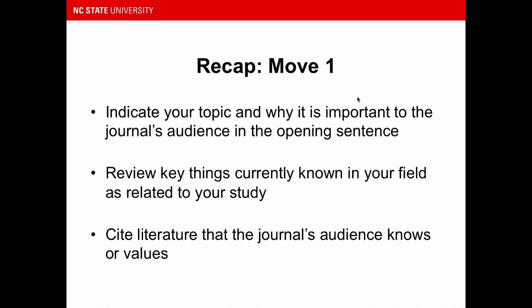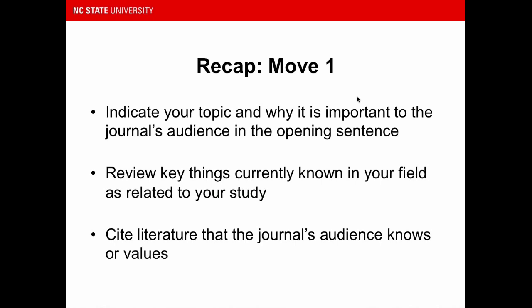The idea is that if your topic is connected to some of this previously published literature in that particular journal, then the logical conclusion is that your information, your study, would also be of interest to the readership of the journal because you're building on that knowledge tradition. You're expanding on our body of knowledge as related to that topic. So if previous work was related to and important for those readers, then surely your research would be too. So you want to be making that connection.